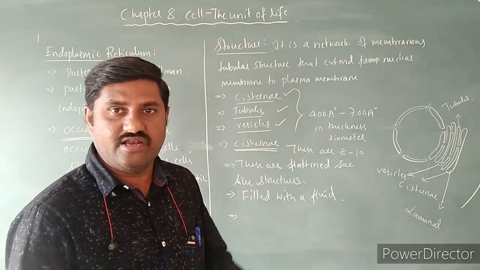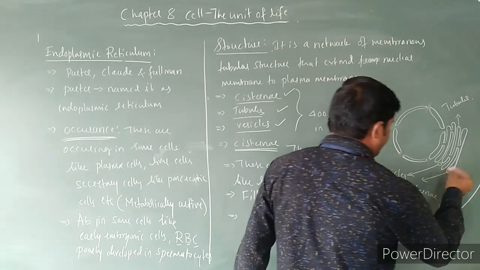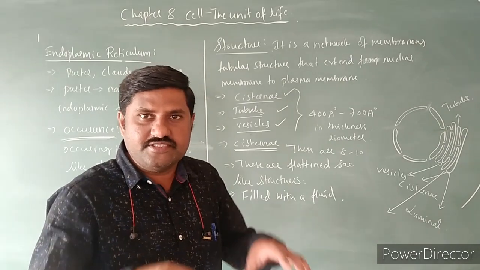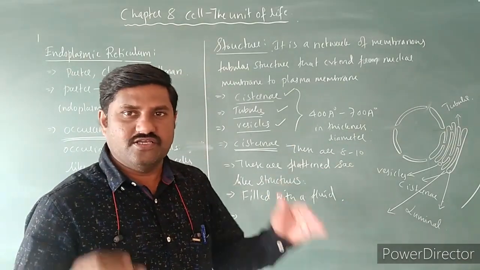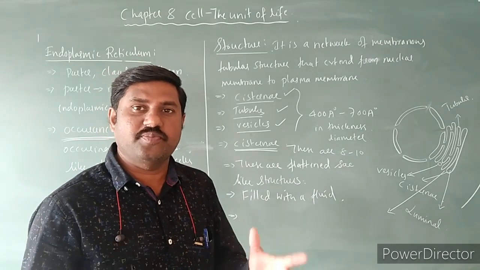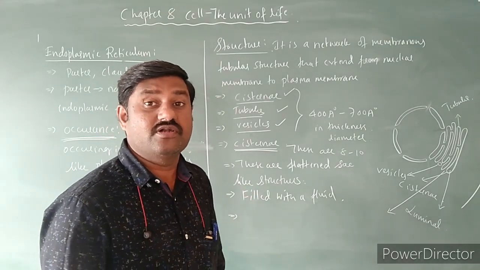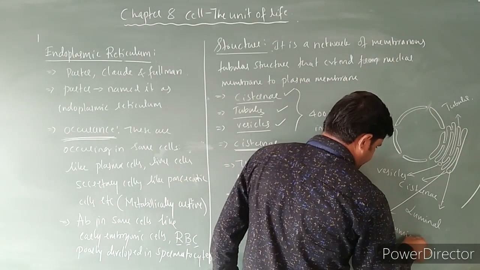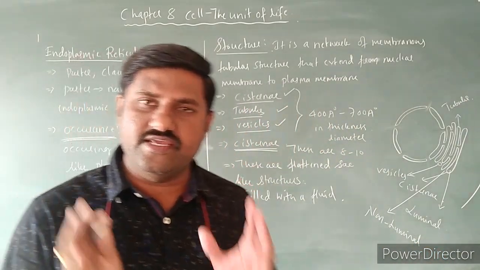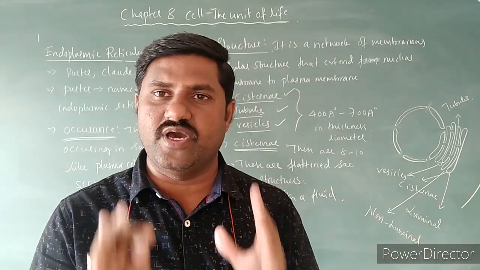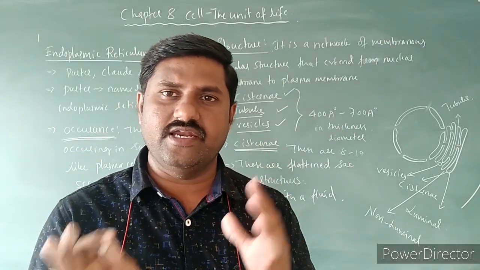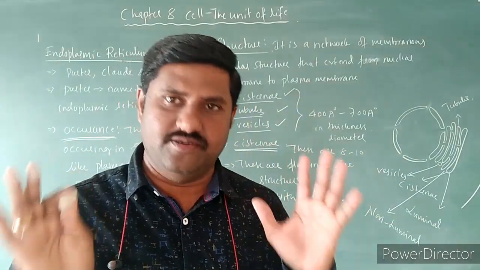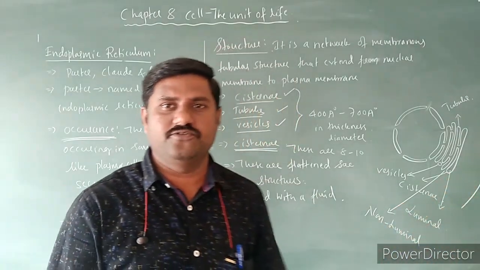Outside this lumen, the cytoplasmic area in which these lumens or tubular structures are embedded is called non-luminal in nature, right? So endoplasmic reticulum itself has two major parts: the luminal part and the non-luminal part, the cytoplasmic area which surrounds the endoplasmic reticulum. That's all, right? So there is no confusion at all.